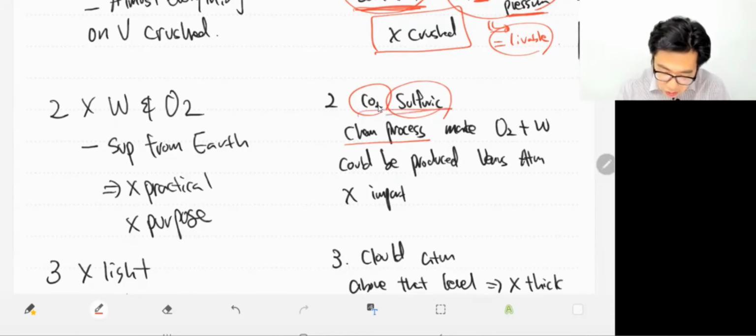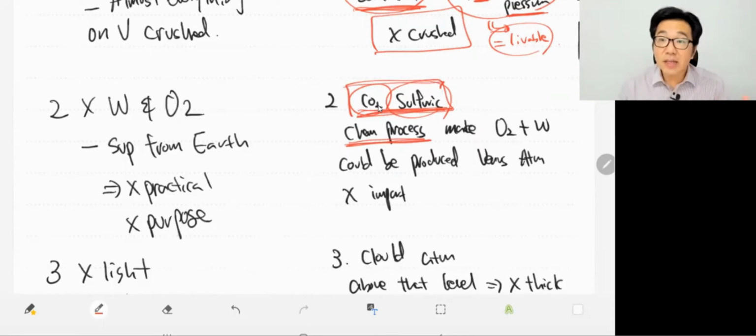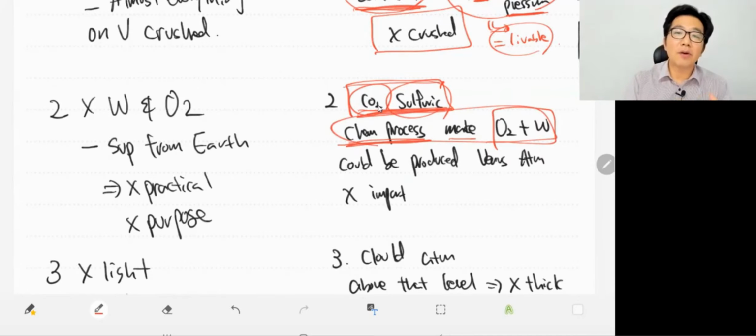They can use those chemicals and go through the chemical process using existing materials to generate, make, produce oxygen and water. Okay, so humans could go through a chemical process by using materials from Venus, such as carbon dioxide and sulfuric acid, to make oxygen and water. They can create it, right?